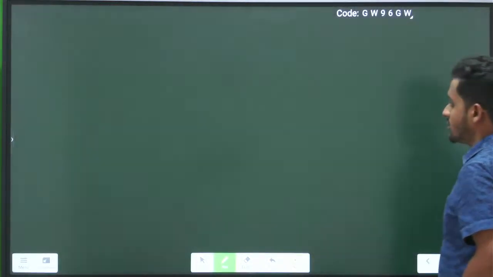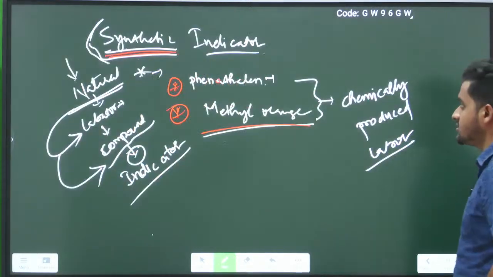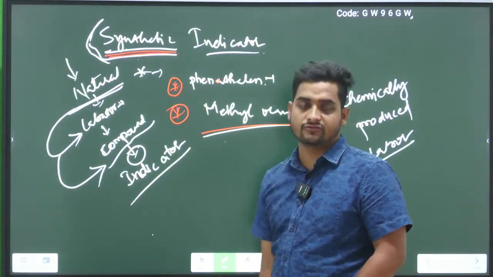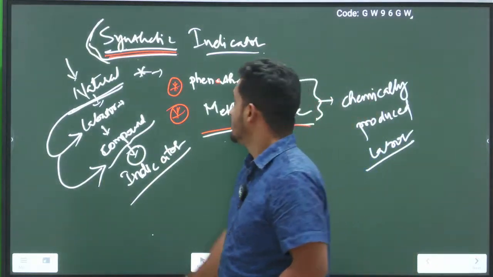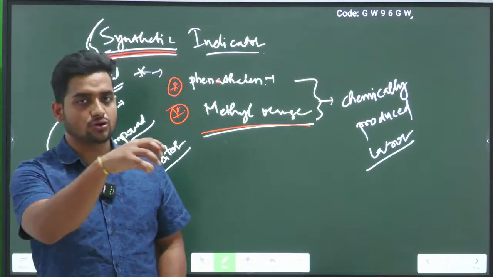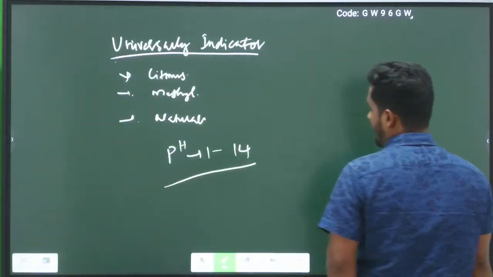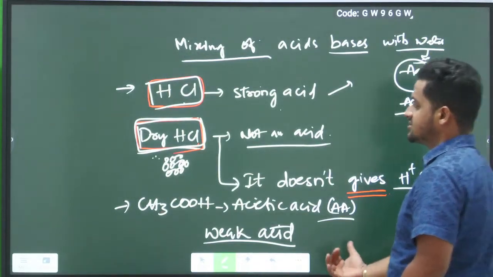We discuss litmus paper, olfactory indicators, and then synthetic indicators, how they are and what their examples are. Phenolphthalein is an indicator, and methyl orange is another type of synthetic indicator. They have been produced in chemical laboratories. Okay. And the next one is universal indicators, and next is mixture of acids and bases.